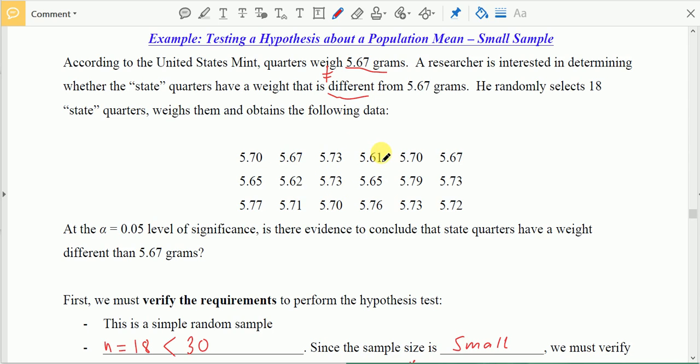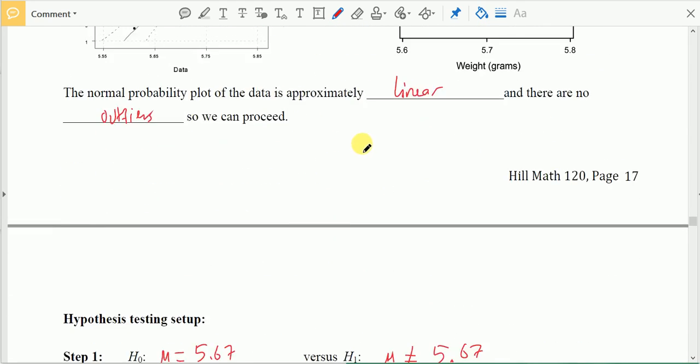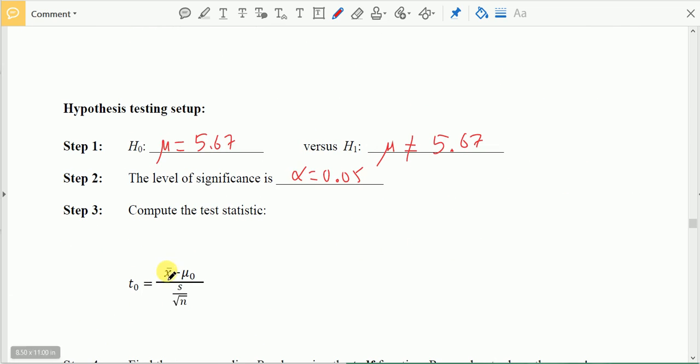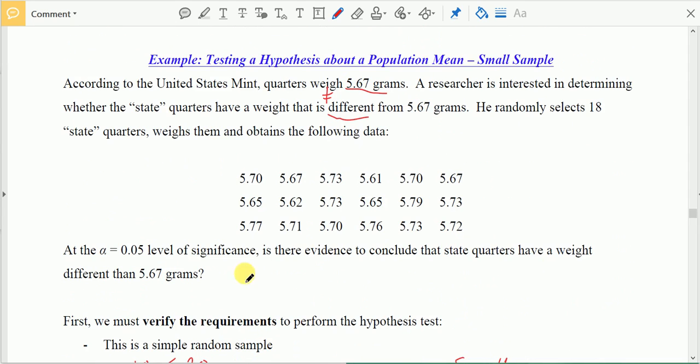So in order to find the x bar, or the mean value, in the test statistic formula, you're going to add all of them together.